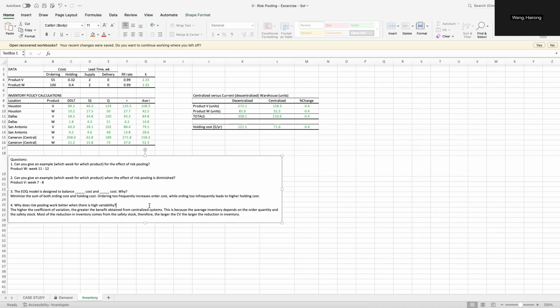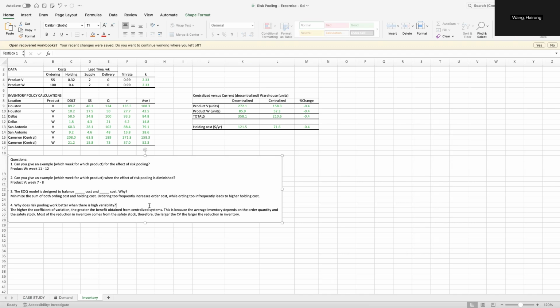All right. Then finally, the last question is, why does risk pooling work better when there is high variability? The reason is that the higher the coefficient of variation, the greater the benefit obtained from centralized systems. This is because the average inventory depends on the order quantity and the safety stock.